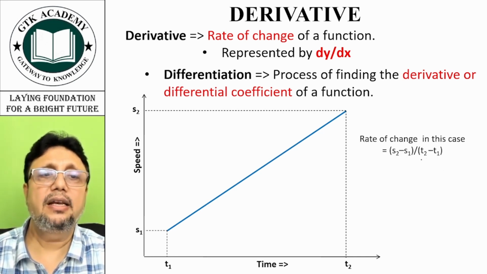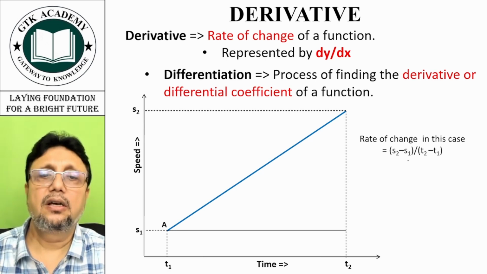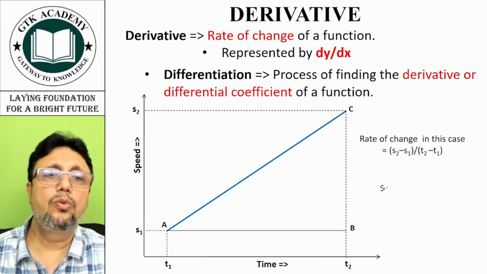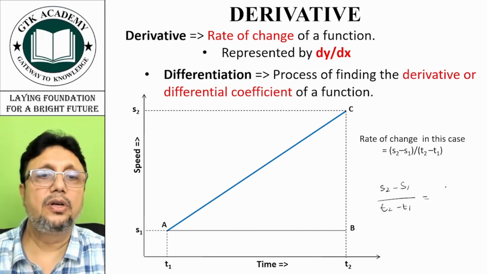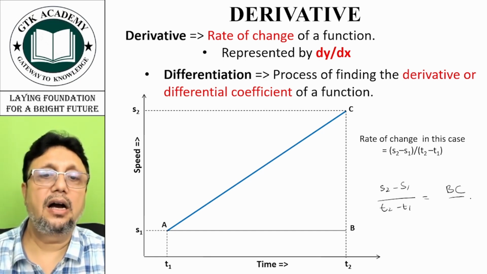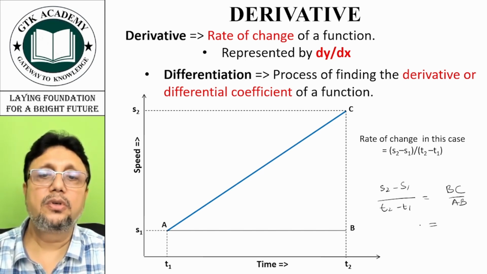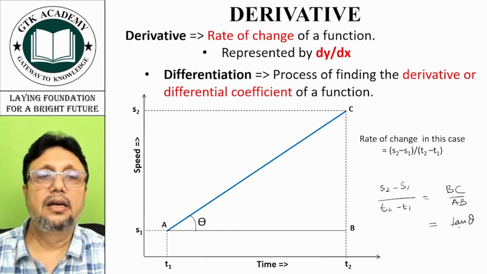So we'll write like this. Now if this is A, B and C, now (s2 minus s1) upon (t2 minus t1) is equal to BC upon AB. And suppose this angle is theta, BC upon AB is equal to tan theta.